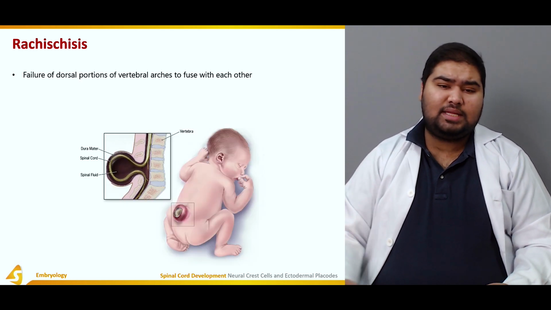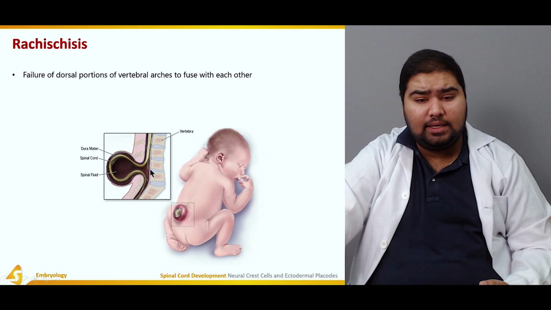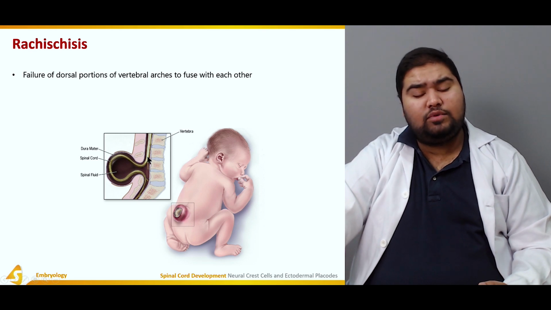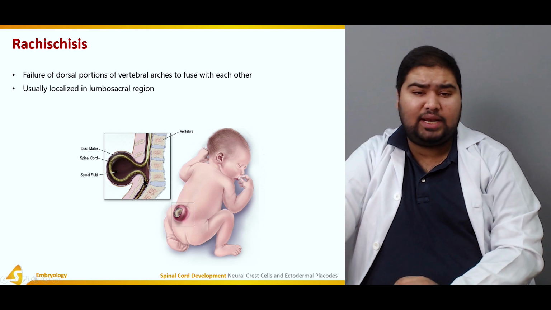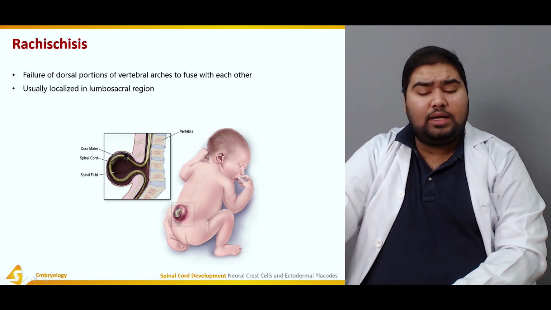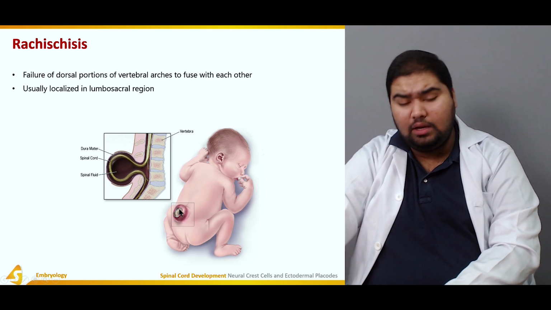Here you can see this is Rachischisis, failure of the dorsal portion of the vertebral arches to fuse with each other. So the dorsal portion of the vertebral arches fail to fuse with each other, as a result of which there's a swelling in the lumbosacral region.